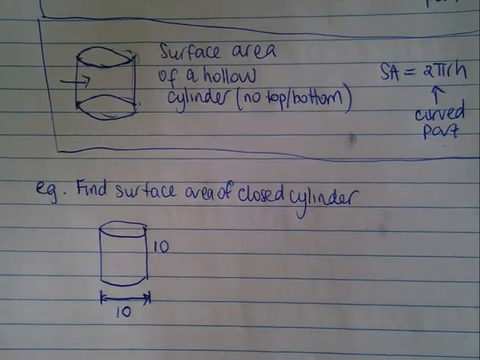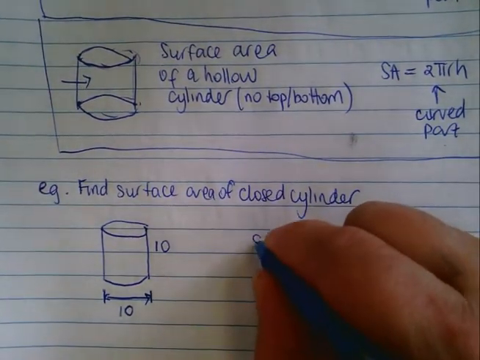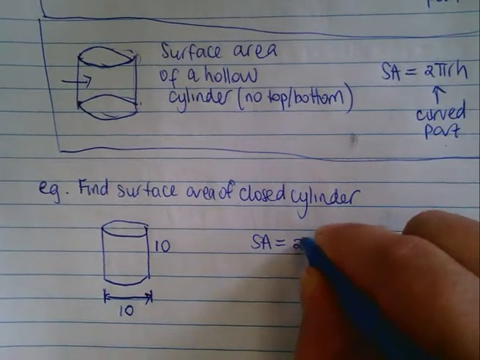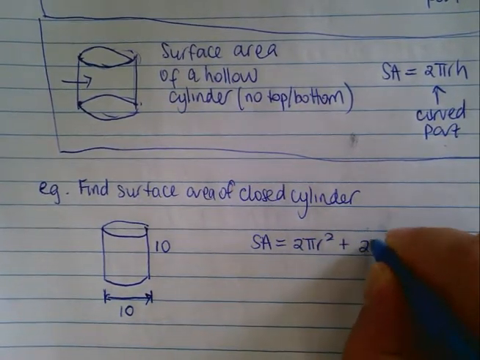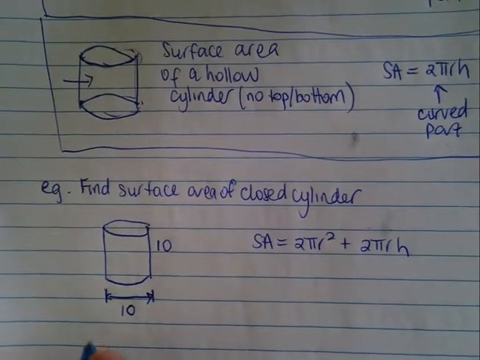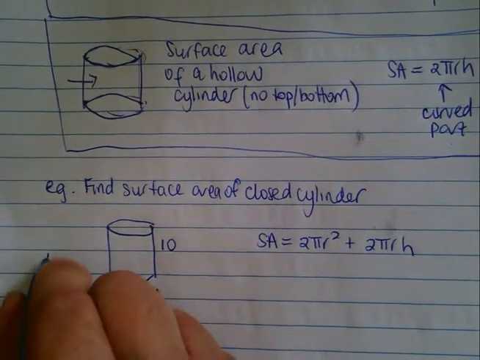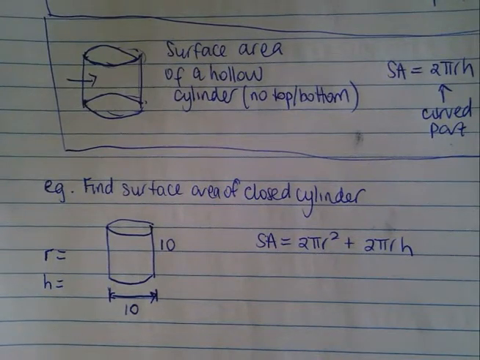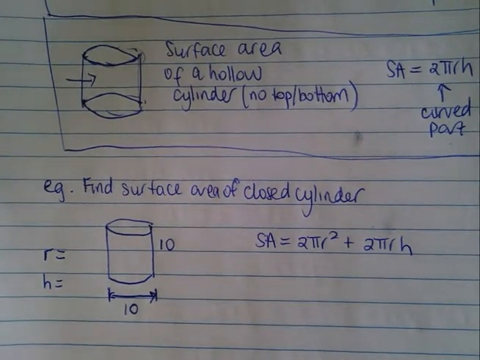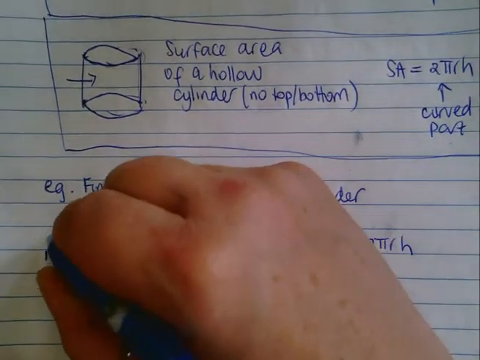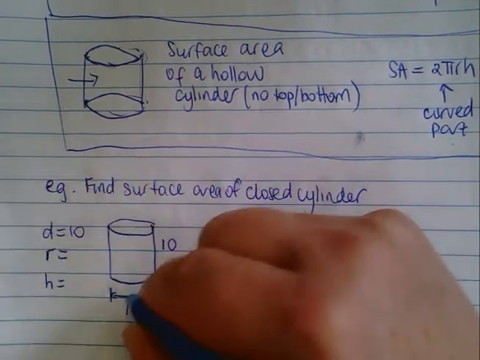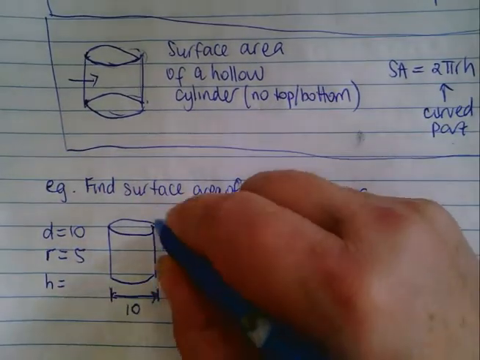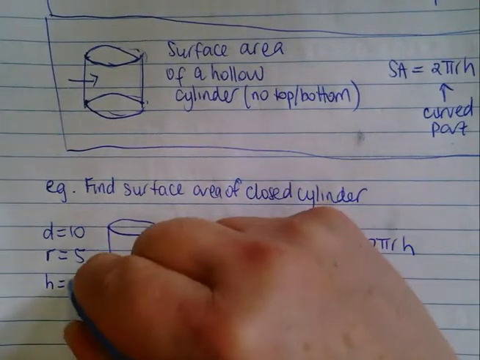What you will do is write out the formula first. Surface area is 2 pi r squared plus 2 pi r h. It's a really good idea to write down next to your diagram what the r and the h are and then just substitute. Be careful, what's your radius? Well, my diameter is 10, my radius is 5, my height is 10.